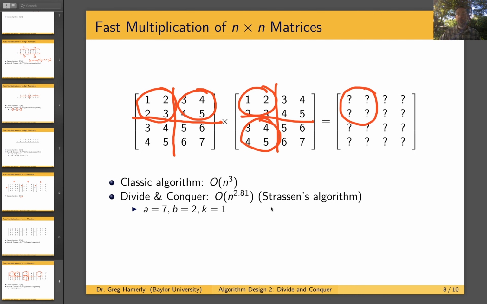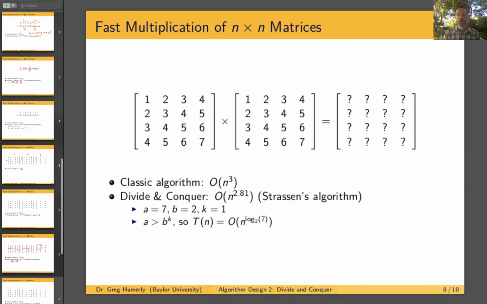But what Strassen showed is that instead of the 8 multiplications that you have to do of each of these quadrants times each of these quadrants, and it's not all pairs of quadrants, but you would have to naively do 8 multiplications, he showed how to reduce that down to 7 multiplications of these subquadrants, and each of those is of size, essentially, half as big, okay? And the k here is still 1.